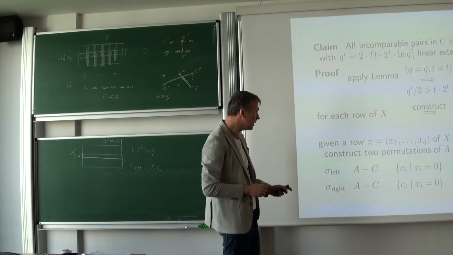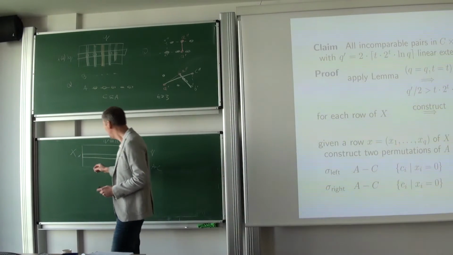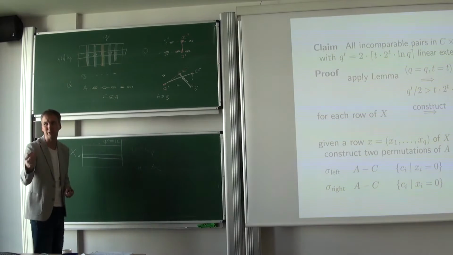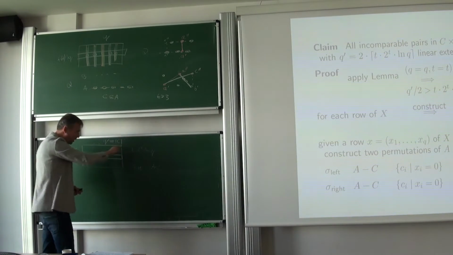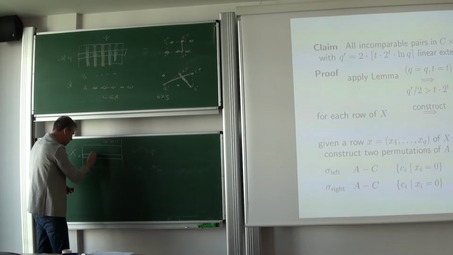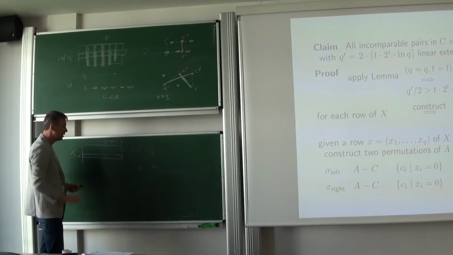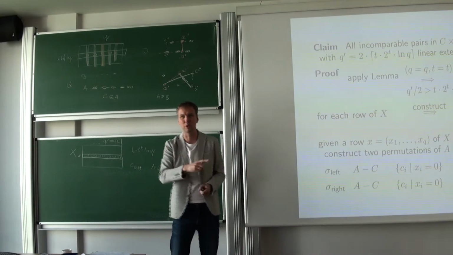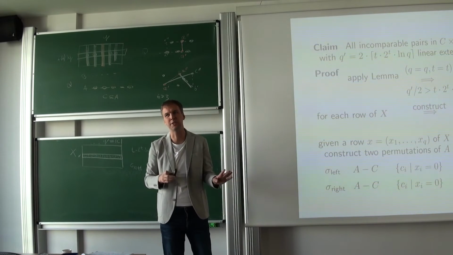Then I take elements of C. Each column of the matrix corresponds to an element of C. They are listed here in the columns. Now when I read my row, I have some zeros and some ones. I put all elements of C whose corresponding entry in my row is 0 next. Not of my interest.